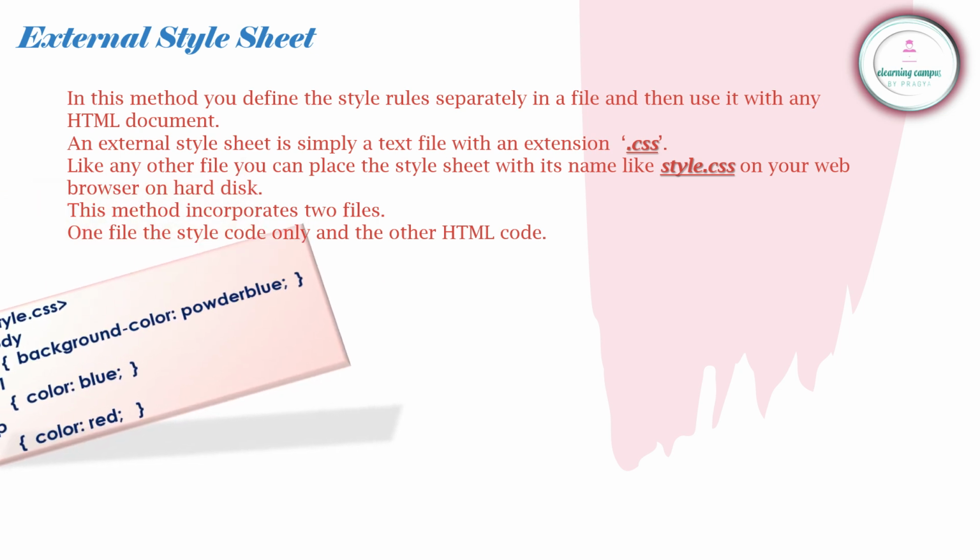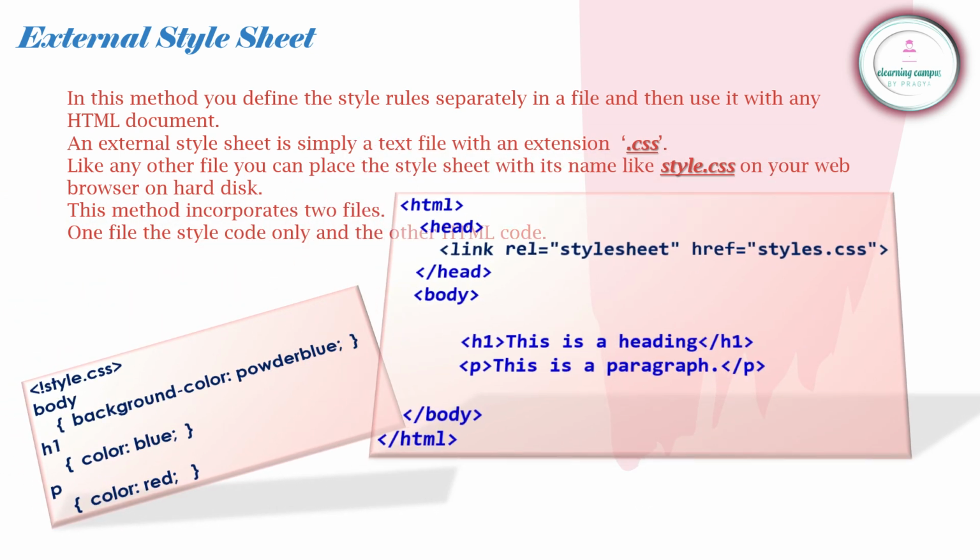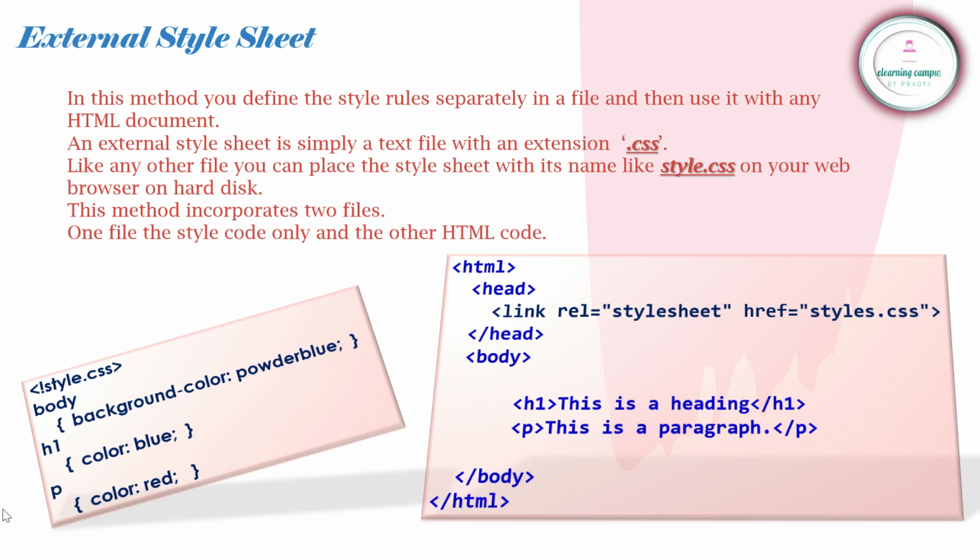As I told you, for an external style sheet, first you need to create one file with a .css extension. This is our main style sheet, and inside this style sheet we are defining our rules. For body, what changes I want, for header this change I want, for p this change I want.